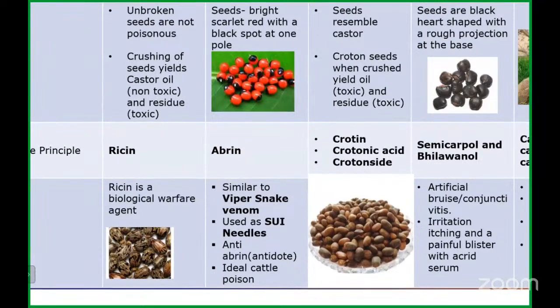And what I want to tell you is they're mainly used as suey needles. They're used as cattle poison. What historically used to be done is at the end of the stick or the lathi, what you call in Hindi, these seeds were planted, and these lathis would be used to hit the cattle.